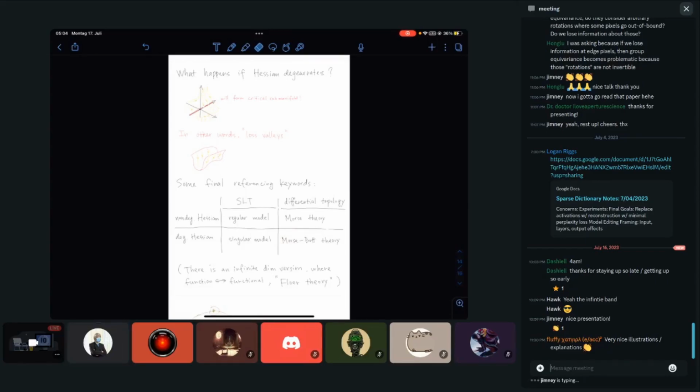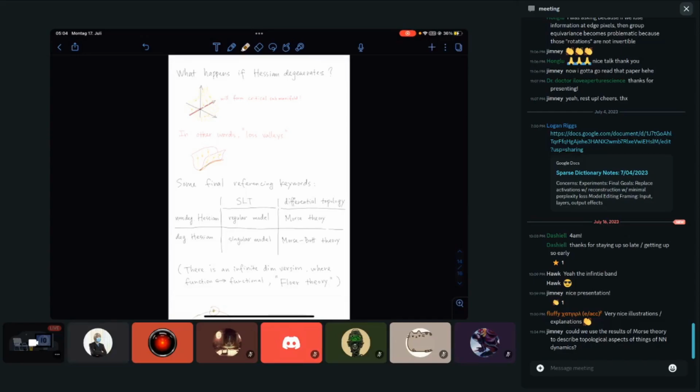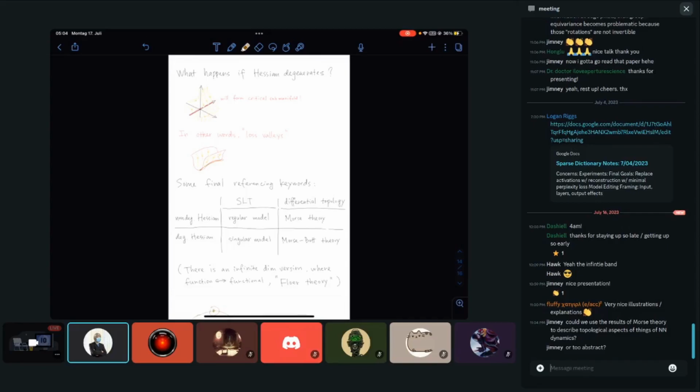But I still think that in the case of neural networks there should be something we can say, because I did see some papers discussing the loss landscape in terms of critical submanifolds and such. These are just things I can pull off the top of my head. I can probably send some papers in the channel later. Yeah, that would be awesome.